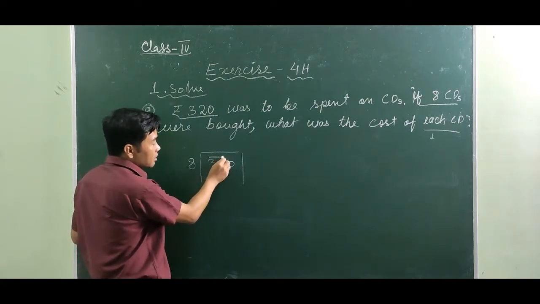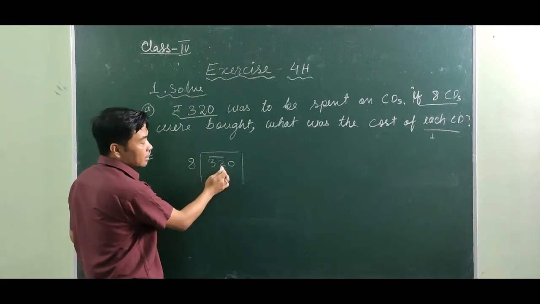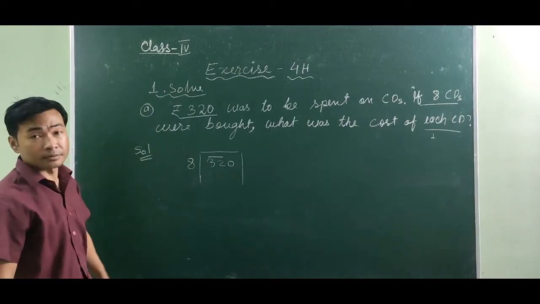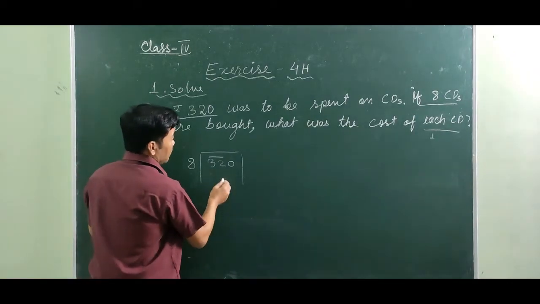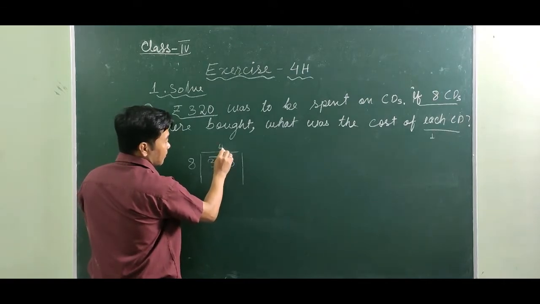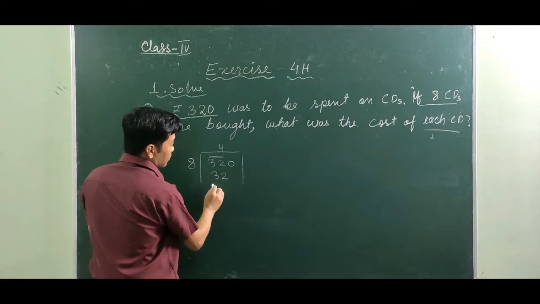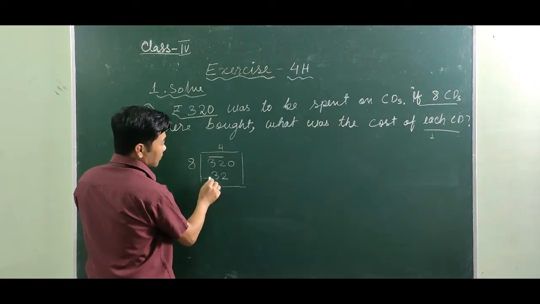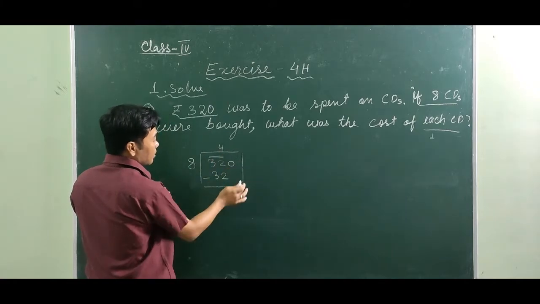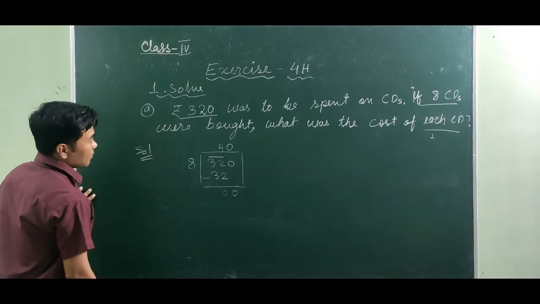We take these 2 digits, and if we are taking 2 digits, the quotient you have to write in this place. So 8 times how many do we get? 32. 8 times 4, right? So 4 you will write in the place of 2 here. 8 times 4, 32. Then you subtract this one, 0. Bring down this 0. 8 times 0 is 0. So bring this 0 here.